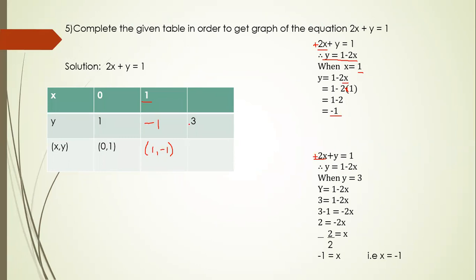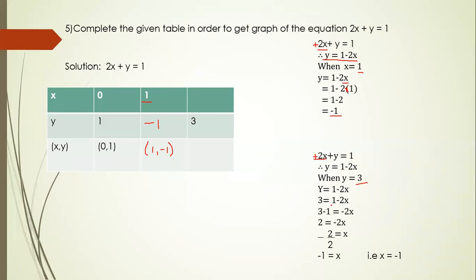Now here the value of y is given as 3. So we will write when y is equal to 3. Same statement copy as it is, and in place of y, we are going to substitute the value as 3. So 3 equal to 1 minus 2x, copied as it is.